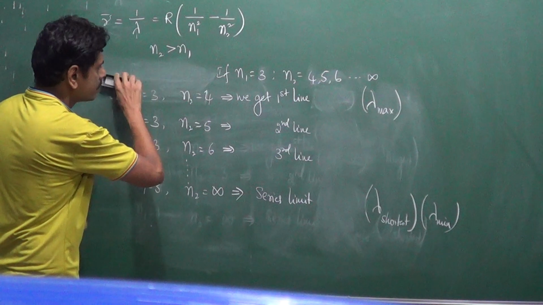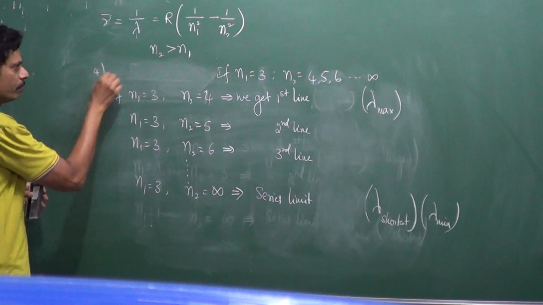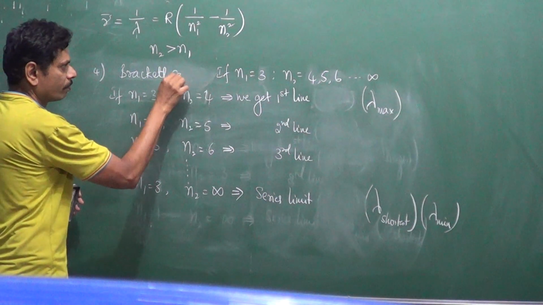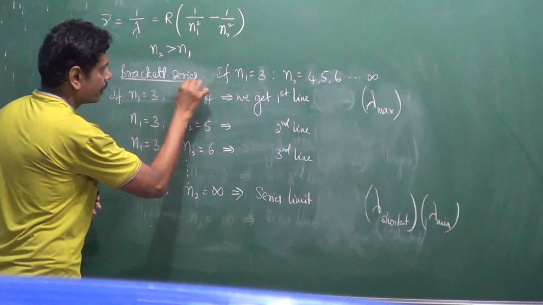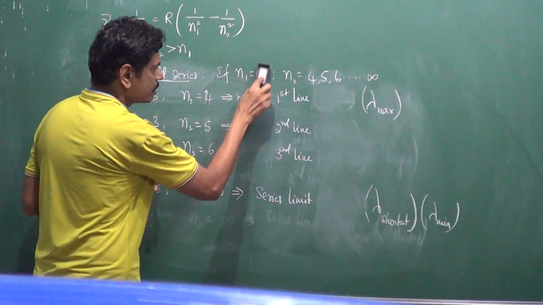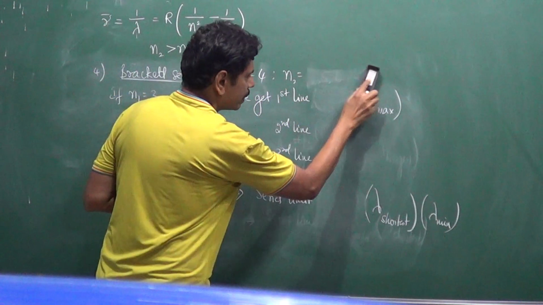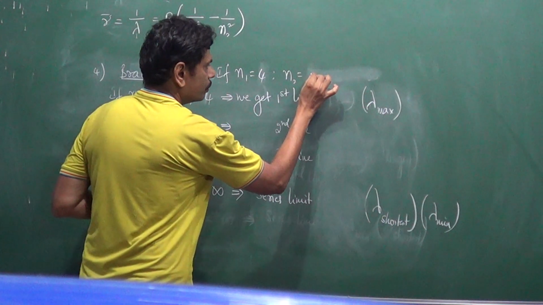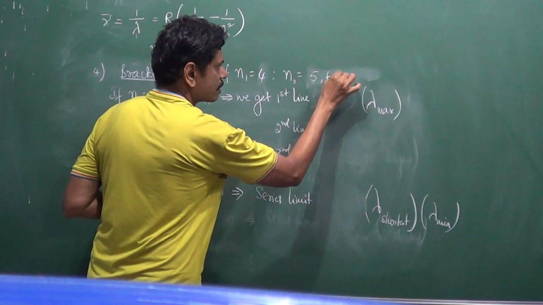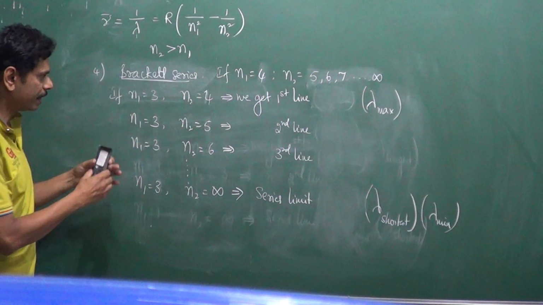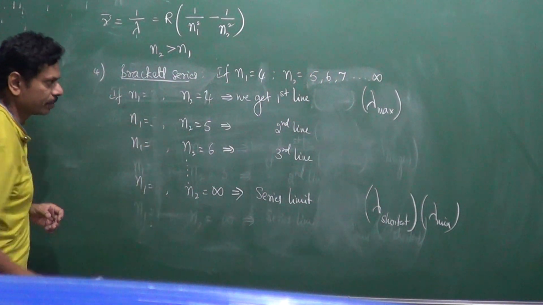Then the fourth series: Lyman, Balmer, Paschen, Brackett. The fourth series is the Brackett series. How do we write it? For the Brackett series, N1 is equal to 4 and N2 is equal to higher order numbers, N2 is equal to 5, 6, 7, etc., up to infinity. Here we have to change.